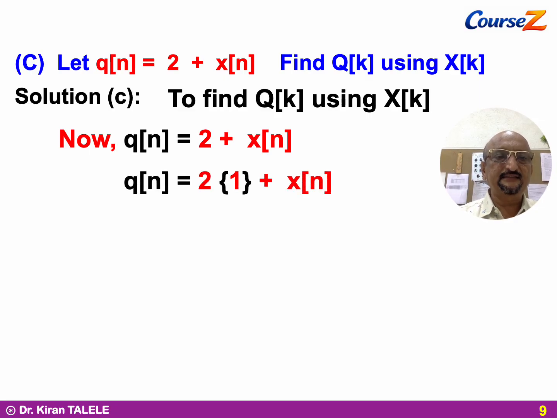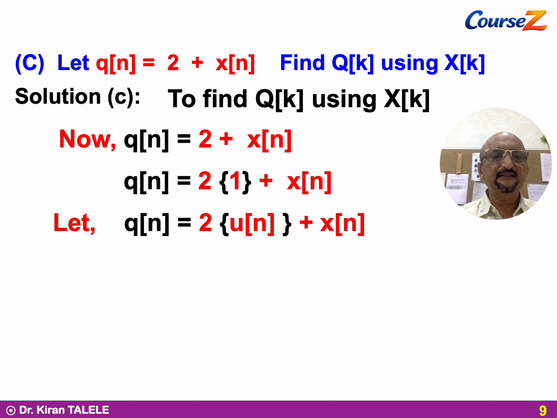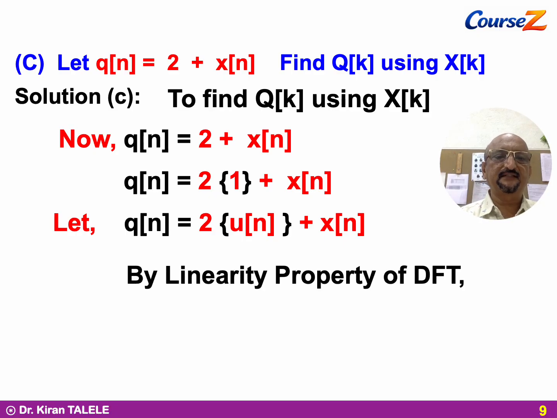So for that, let's do some little manipulation. 2 is multiplied by 1, plus x of n, and this 1 is nothing but u of n, but u of n is an infinite length signal, so we cannot find the DFT of an infinite length signal. We know that x of n is a 4-point sequence, so we'll assume that q of n is also a 4-point sequence. So we will also assume that u of n is a 4-point sequence.